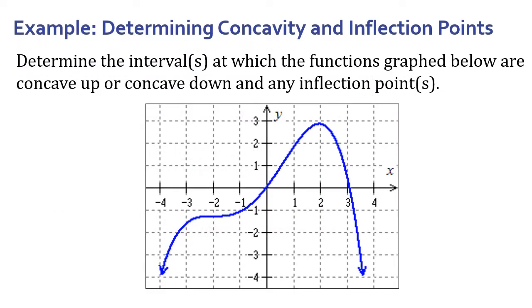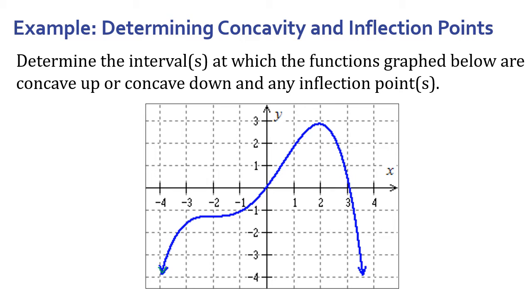All right, so determine the intervals at which the function graph below is concave up, concave down, and any inflection points. Okay, so I can see here, again, concave down means you're bending down, concave up means you're bending up, or you can think of the sad face and the smiley face.